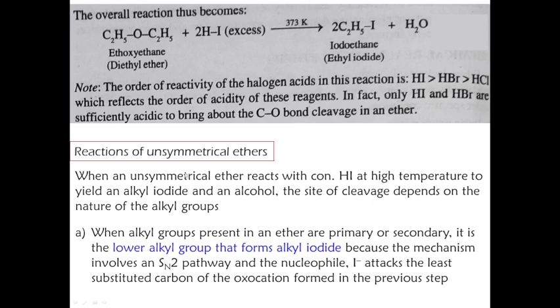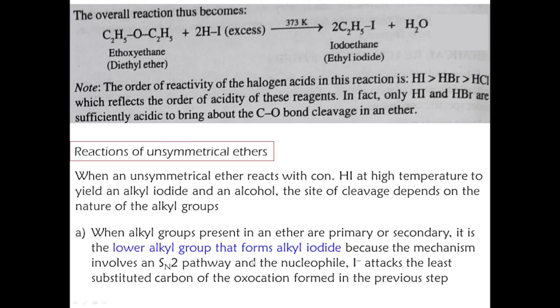So let us discuss what the conditions for this are. When the alkyl groups present in an ether are primary or secondary, it is the lower alkyl group that forms alkyl iodide. For example, if you have a CH3 group here and a C2H5 group here, the CH3 group is the lower alkyl group compared to the C2H5 ethyl group.